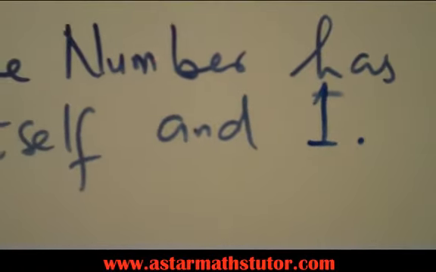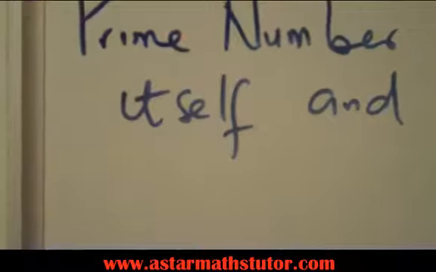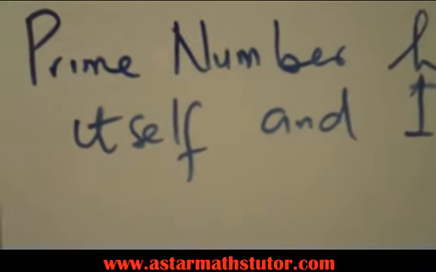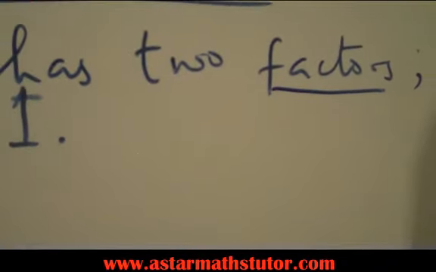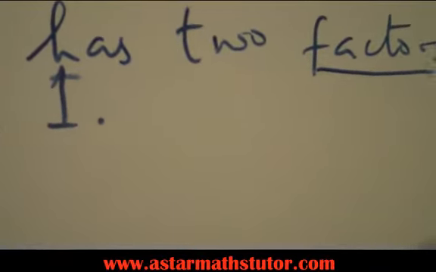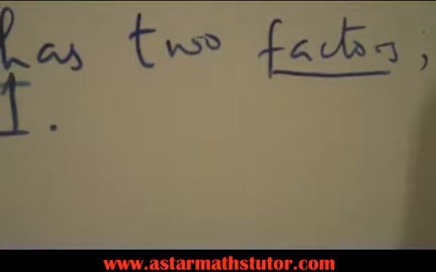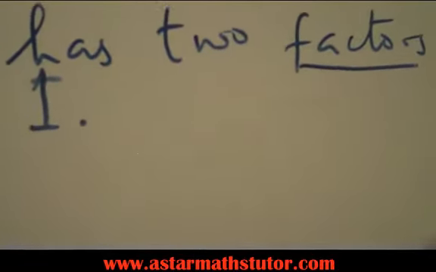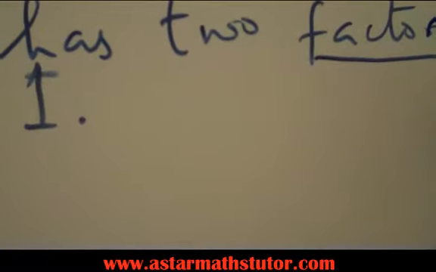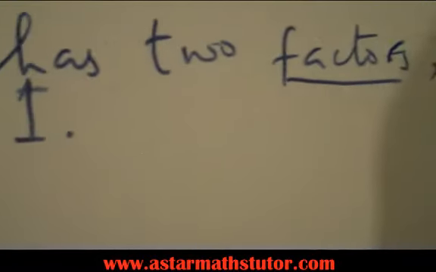If you remember the last series where we talked about factors, we learned that factors are numbers that can divide another bigger number without leaving any remainder at all, so you only get a whole number. Those are what factors are.